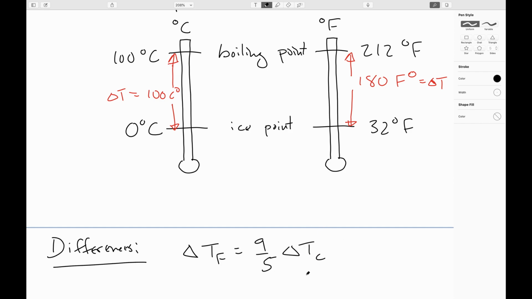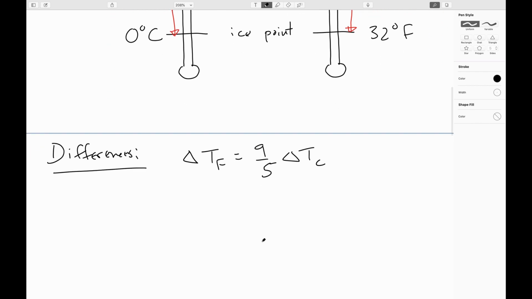So if I take my temperature difference in Celsius and multiply that by 9/5, that takes into account the fact that the Fahrenheit scale is more finely divided, and there are 9 Fahrenheit degrees per 5 Celsius degrees, to give us a Fahrenheit temperature difference. And if I need to go the other way around, I can just invert that.